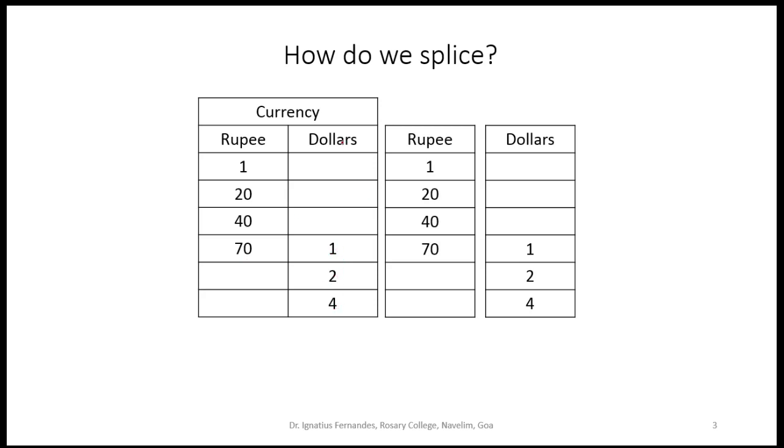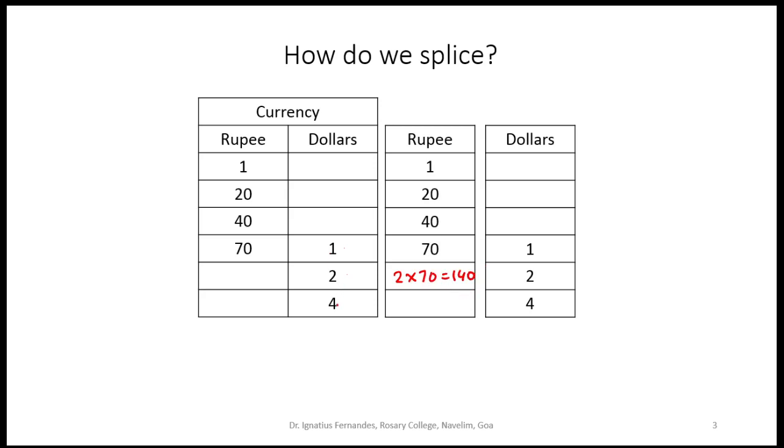Now let us say I want to convert dollars into rupees. What will I do? Because I know that 70 rupees is equal to $1, to convert each of these dollar values into rupees, I have to just multiply each number by 70. So $1 is 70 rupees. $2 will be 2 into 70, that is going to be 140 rupees.